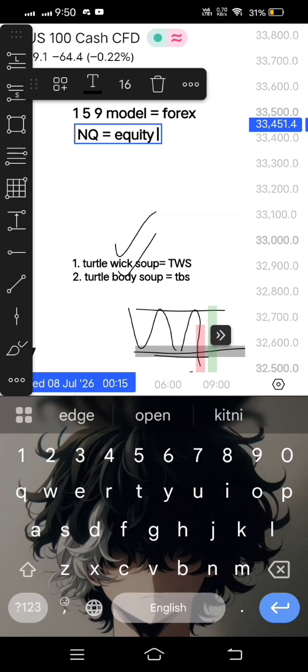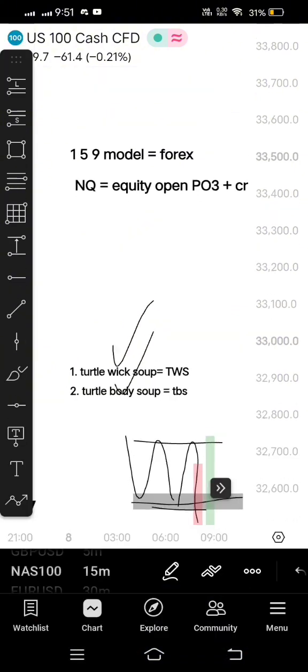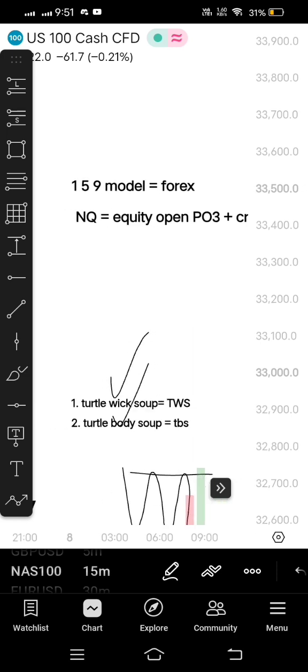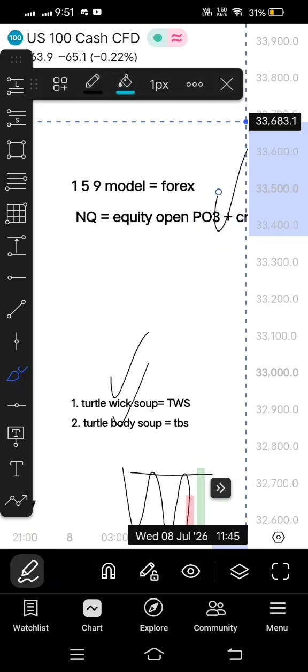I am glad that I made this second model: I merged the power of 3 with CRT, and with this I made the win rate much higher.